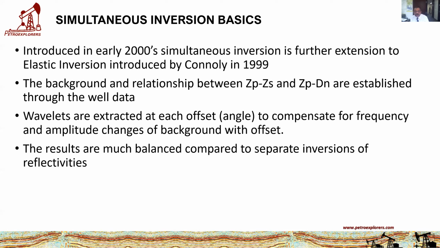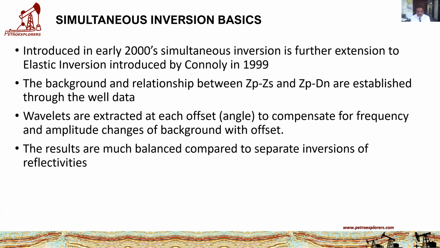The other problem it solved was that the wavelet would be changing with offset or with angle. So you can actually estimate more than one wavelet at different angles. That compensates for any frequency or amplitude variation, which usually we're supposed to fix in the gathers, but this allows a more flexible way to get it into the results.